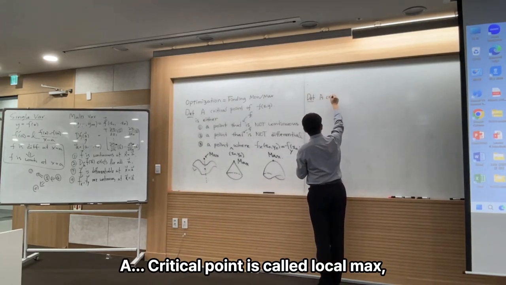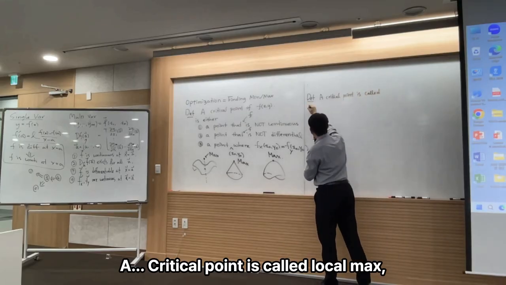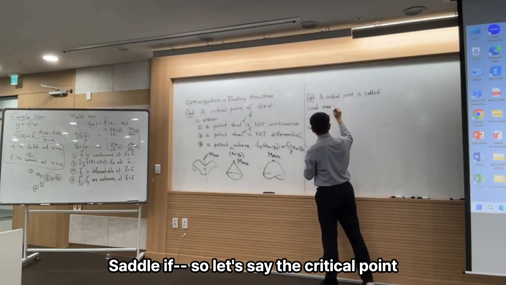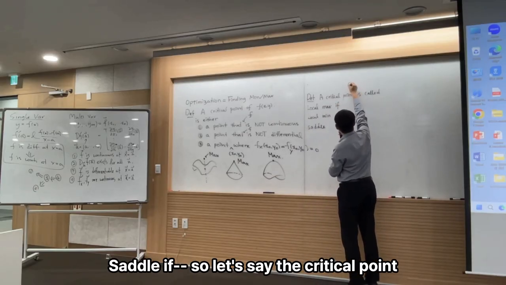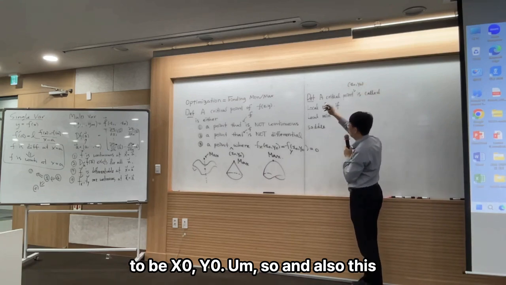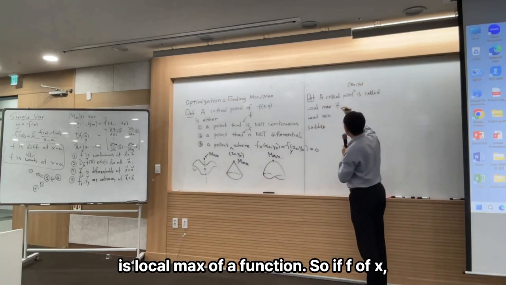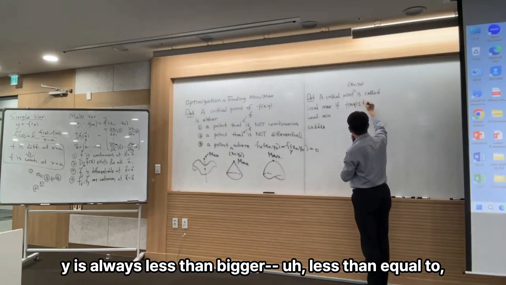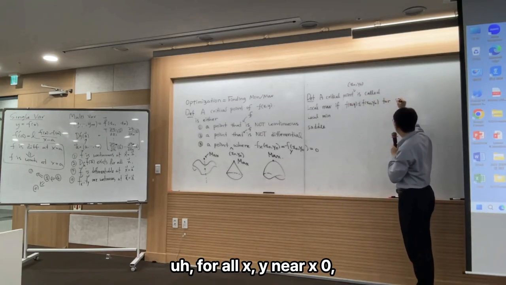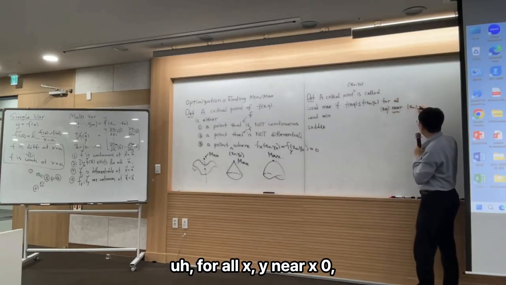A critical point is called a local max, local min, or saddle if, so let's say the critical point is x0, y0, and this is a local max of a function, if f of x, y is always less than or equal to f of x0, y0 for all x, y near x0, y0.